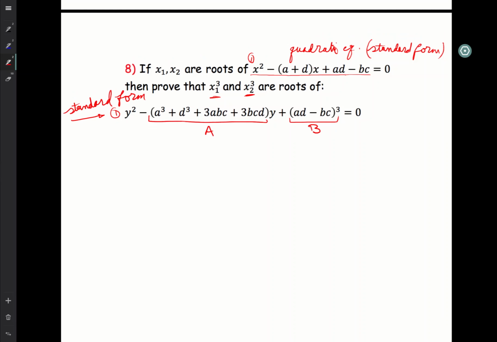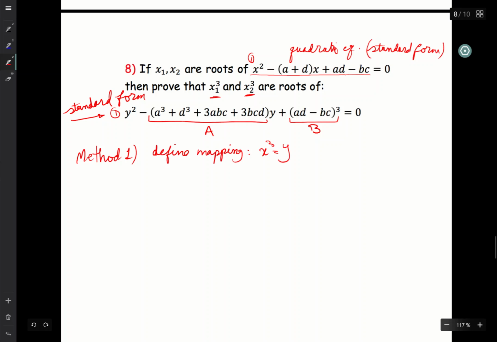Alright, how do we prove this? Remember, we had two methods. The method 1, or the direct method, was to define a mapping between the roots. Mapping here is x cubed is y, because we're looking for a quadratic equation whose roots are the cubes of the original ones.